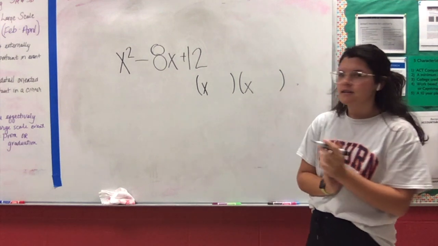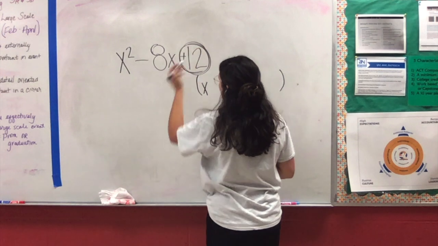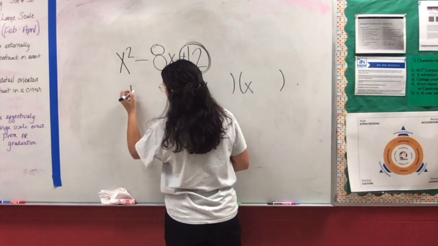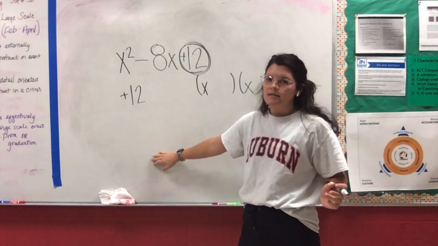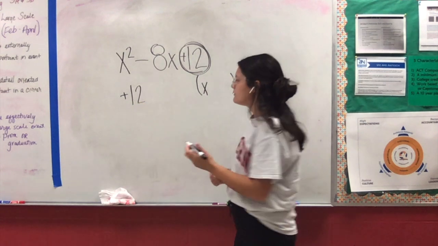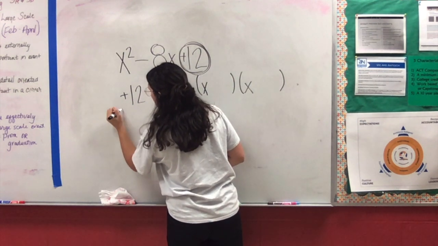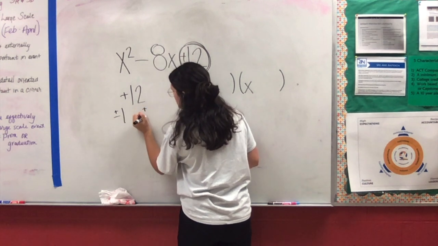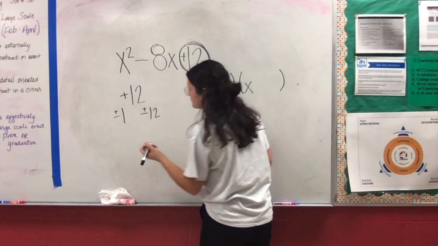And then our second step is that we're going to take this 12 and we're going to factor it. So positive 12, and we're going to break it down and see what numbers we can multiply together to get this 12. So we know positive and negative 1 times positive and negative 12 equals positive 12.